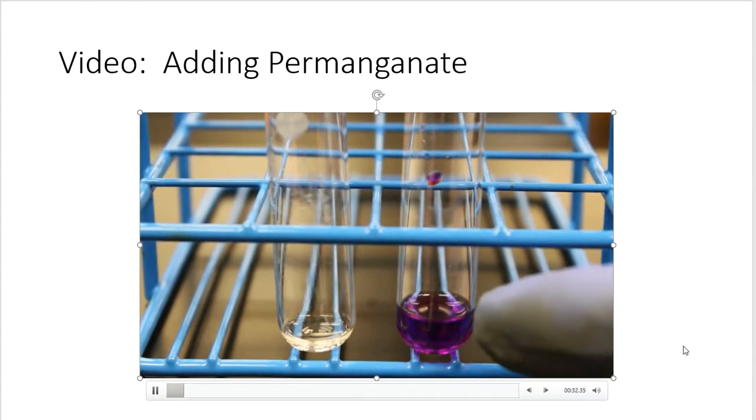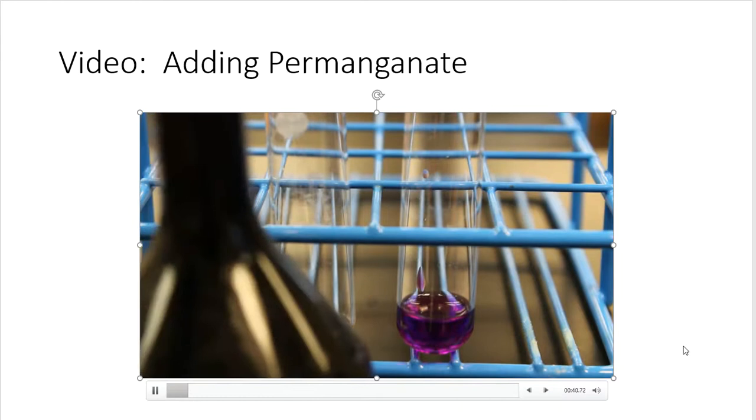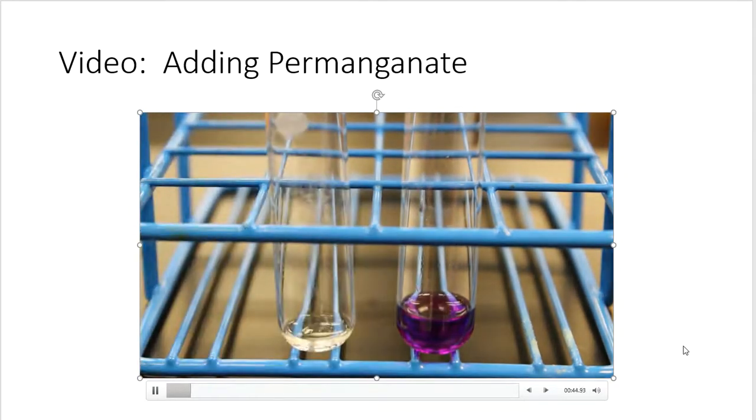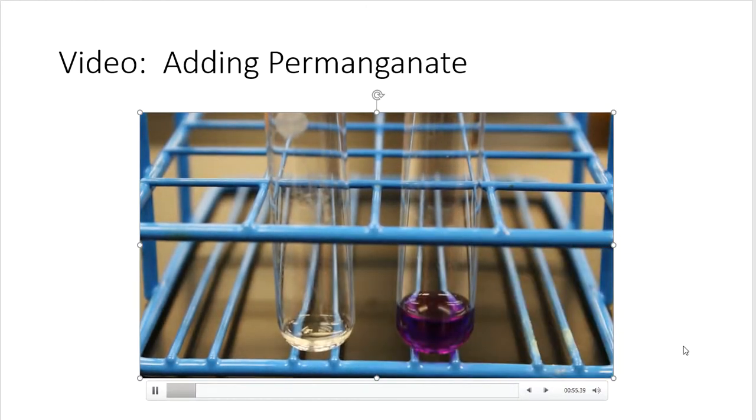So this is the color that I'm looking for, and if it goes this color, then it probably means that it's not reacting with the potassium permanganate. Notice that has a very similar color to the more concentrated potassium permanganate over here in my flask. All right, so the directions tell me to do this. This sample here is octene, that has a double bond.